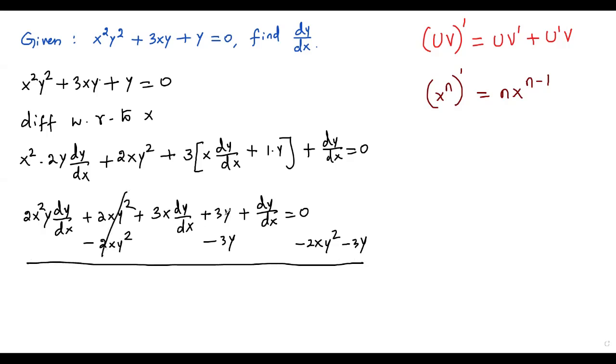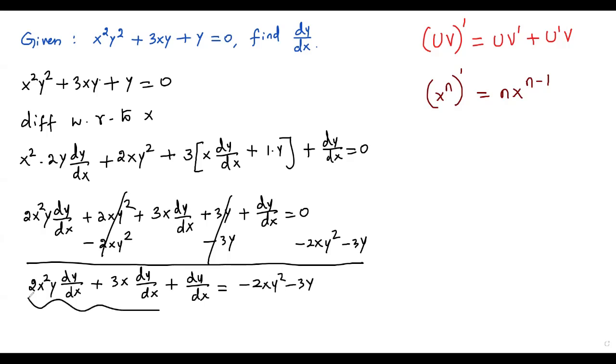When I do so, this positive and negative term will cancel, and the same thing over here. I'm getting 2x squared times y dy over dx, positive 3 times x times dy over dx, positive dy over dx. On the right side, we have negative 2xy squared, negative 3y. Here on the left side, all three terms contain dy over dx, so we can factor dy over dx out.